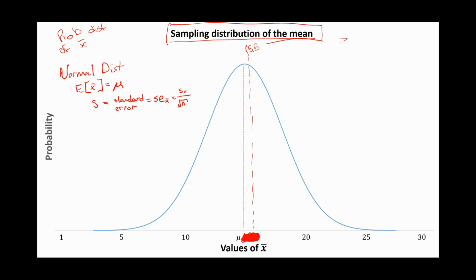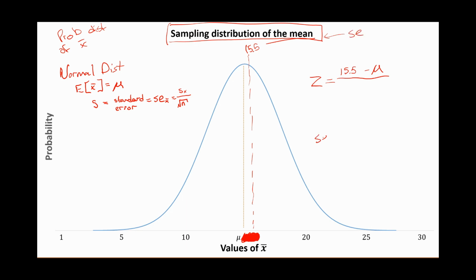Remember, a z-score tells us how far away a value of a variable is from the mean of that variable, in units of standard deviations. So we could calculate a z: here's our sample mean, minus mu, divided by the standard deviation of this distribution. Now, what's the standard deviation of this distribution? Well, we call that the standard error.